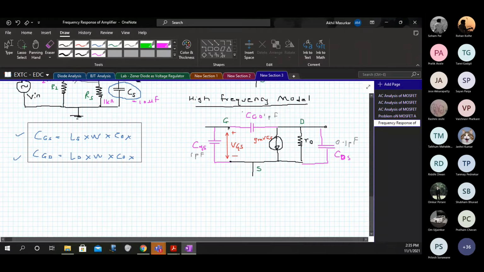Now, the way to split, if there is a connection like this, so this side is basically your input side and this side is basically going to be your output side. So this is fine.